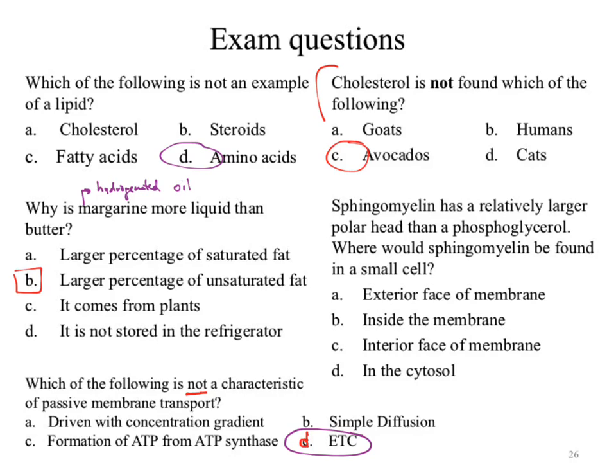So B and D are the same thing. Looking at the face of our membrane. On the inside of the membrane, because it's a small cell, I need tiny head groups. The larger those head groups, I wouldn't be able to shrink down the size of the cell. Okay, which means if sphingomyelin is big, it better be on the outside. So we're looking at the exterior face of the membrane. Make sense?